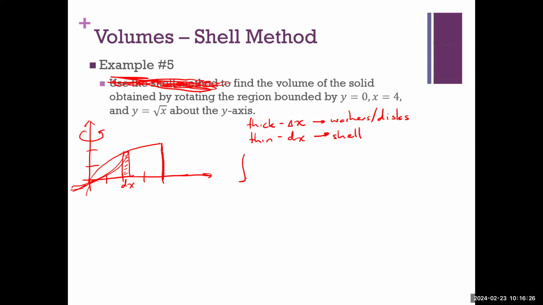Okay, so basically I'm going to use that bottom thing there. The volume is equal to the integral from a to b, whatever makes sense for a and b, of 2 pi times the radius times the height dx. Is it back yet? Cool.